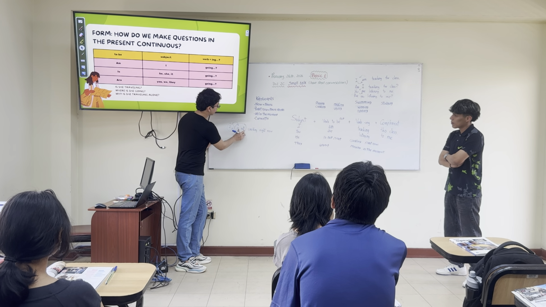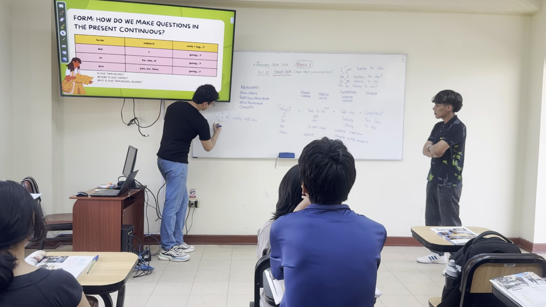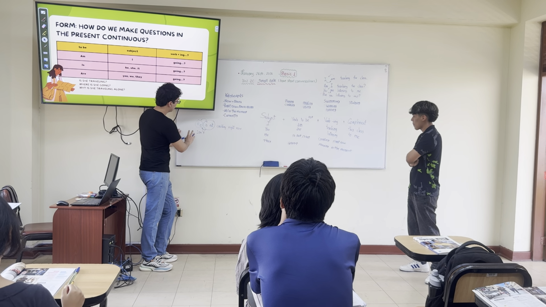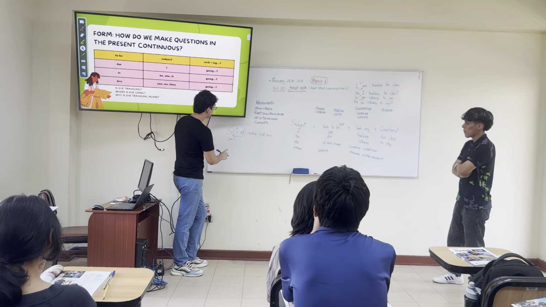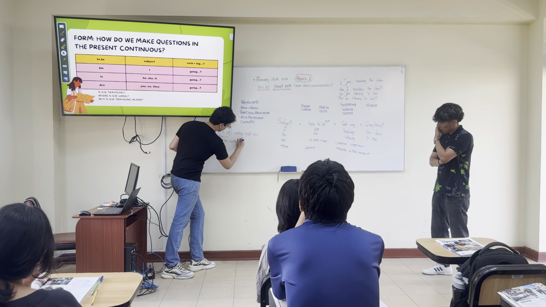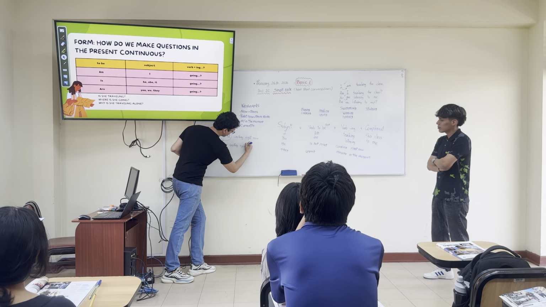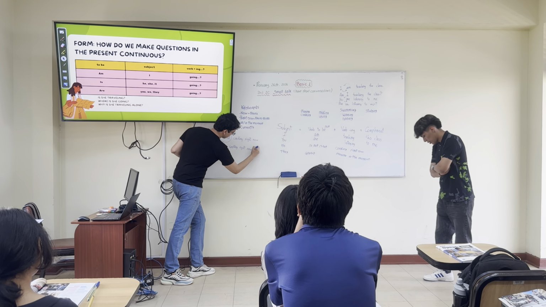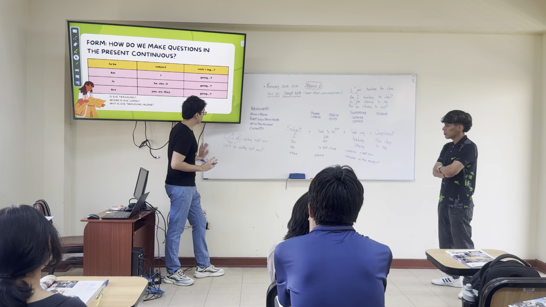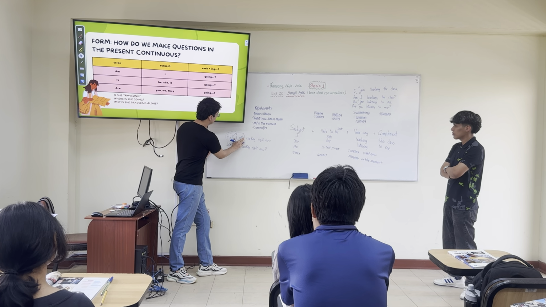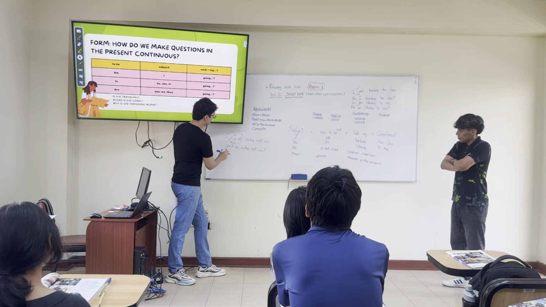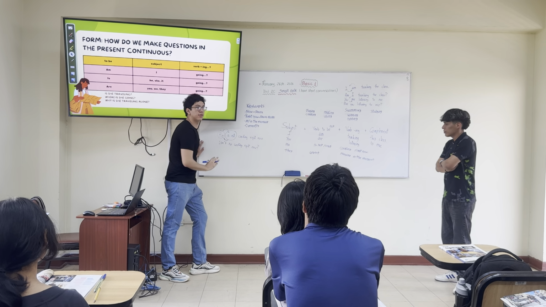The contraction of is not is isn't. And we complete the sentence: isn't he cooking right now? As you can see, the only thing we did here is to make those words first and this word second. Isn't he cooking right now?